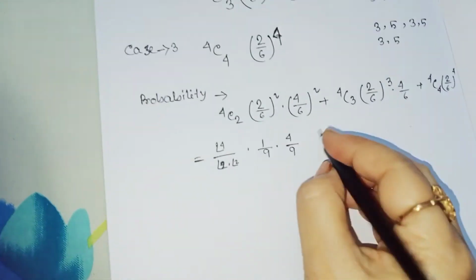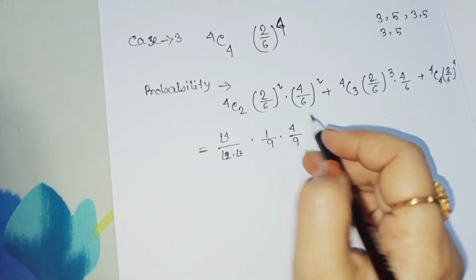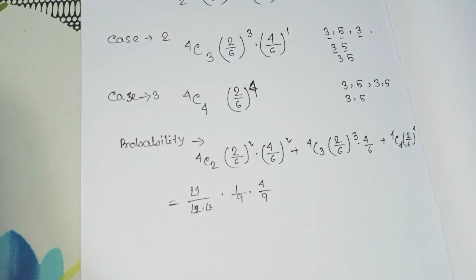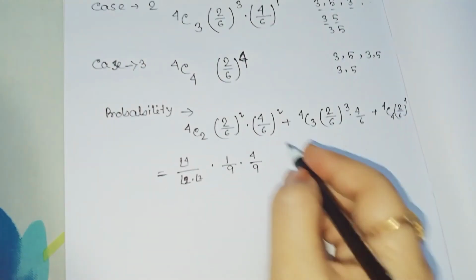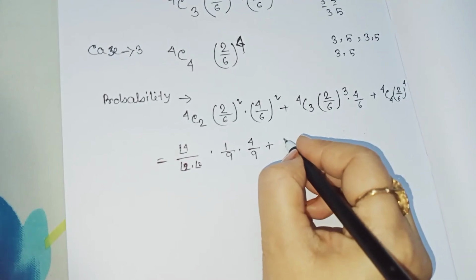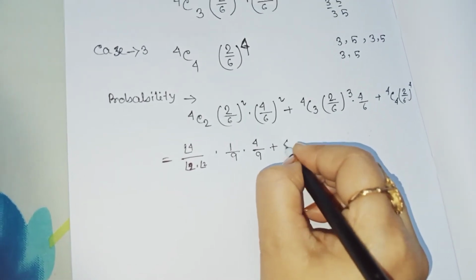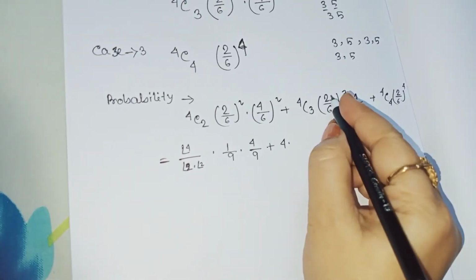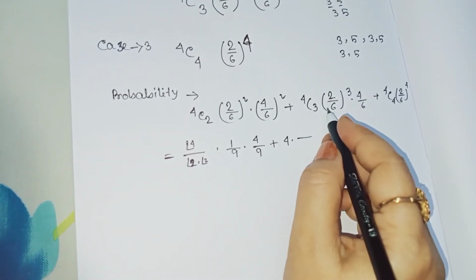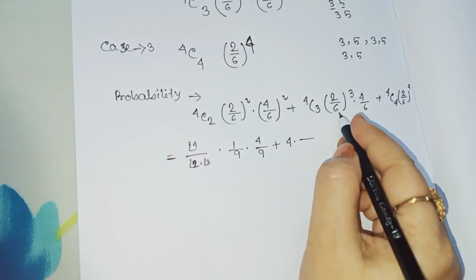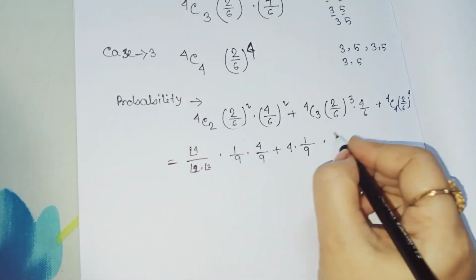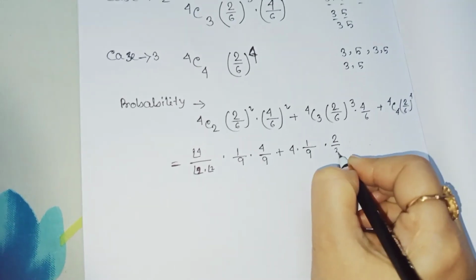Then factorial 4 by factorial 3 into 1, so it is 4 into (1/3)^3, that is 1 by 27, into 2 by 3.